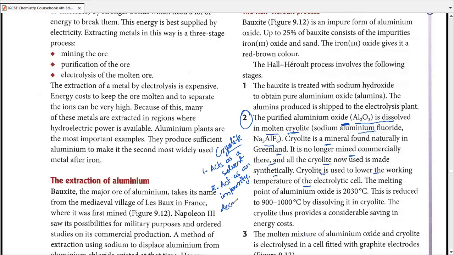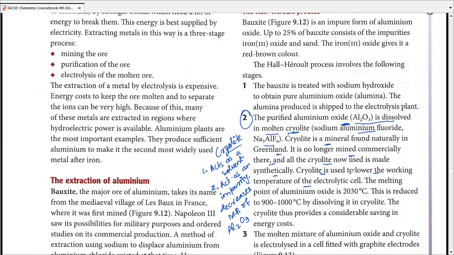It decreases the melting point of Al2O3. That's the second function. Commonly, past paper questions ask us the two different functions of cryolite. There you go. You have both of them. Make sure you note it down because these two are not written in a similar way in the book. This is the shortest sort of answer, and you can straightforwardly put that answer in the questions and get 2 marks, which the question usually stands for.